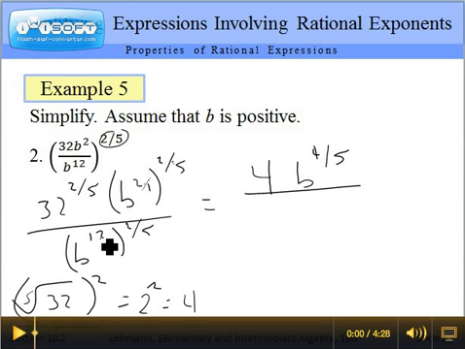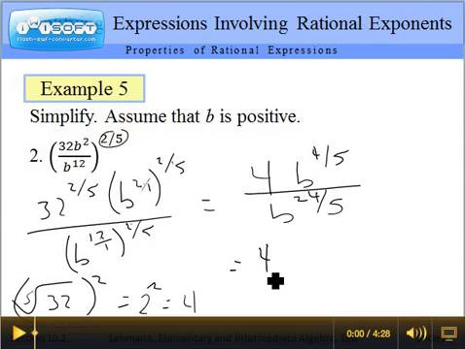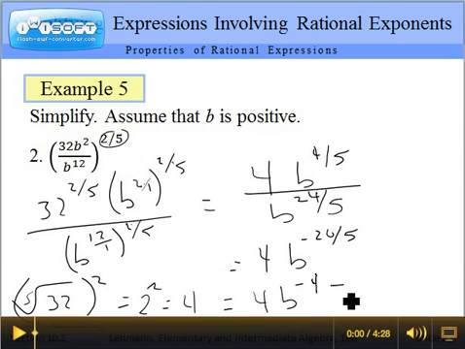And this would be over, I'd multiply these two fractions, b to the 24 over 5. I can then subtract these, which would give me 4 times b to the negative 20 over 5, which would be 4 times b to the negative 4. So I'd end up with 4 over b to the 4.